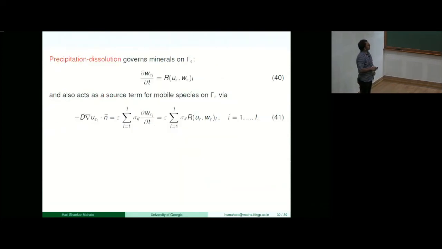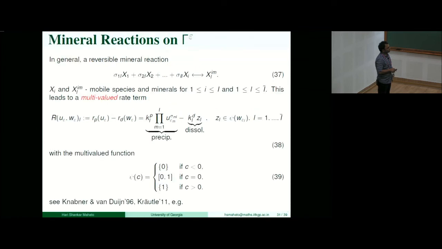And for the immobile species, for the minerals that are present on the interface, since they are not going through any diffusion, we'll basically be having an ODE, and the rate of change of concentration of immobile species is given as the reaction rate term, which is given by this here, the precipitation minus dissolution.